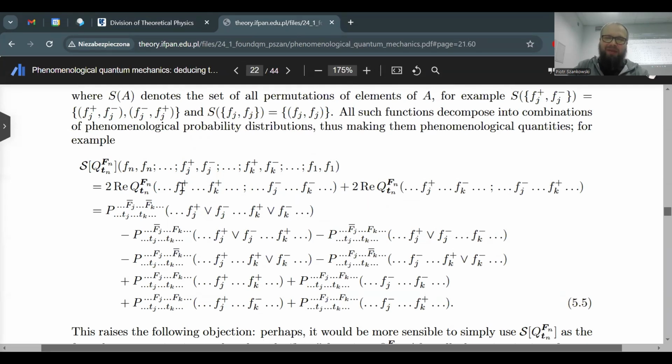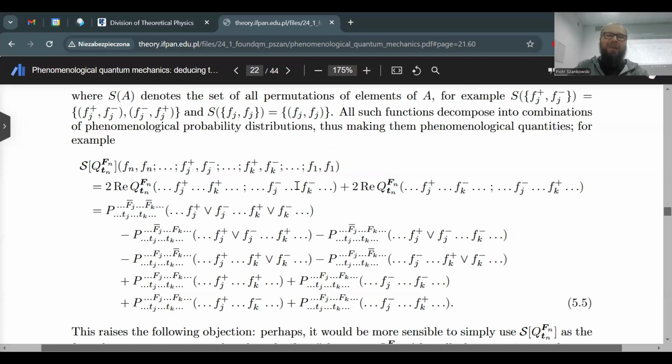Here you have J plus, K plus, J minus, K minus, and here you have J plus, K minus, J minus, K plus, this combination. And this sum can be expressed through this horror of terms, but each one of them is a measurable probability distribution, okay? Just strategically, you apply coarse-grainings, but this is all phenomenological stuff.